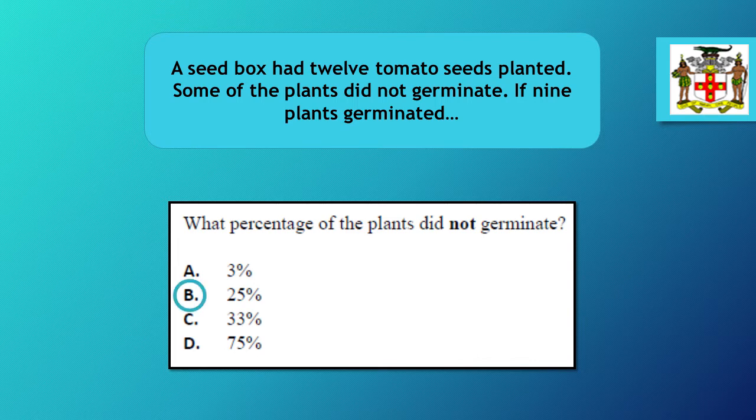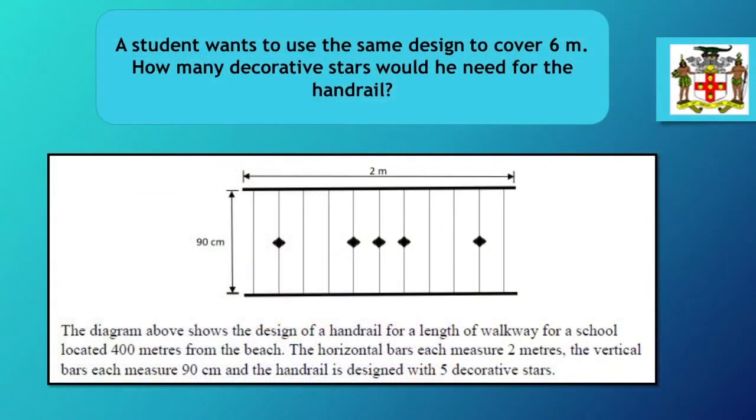All right, let's continue. Let's look at another question. Now, the question given shows a diagram of a handrail that is used for a walkway at a school that is located 400 meters from the beach. Now, this is the information given. The horizontal bars each measure 2 meters, and the vertical bars each measure 90 centimeters.